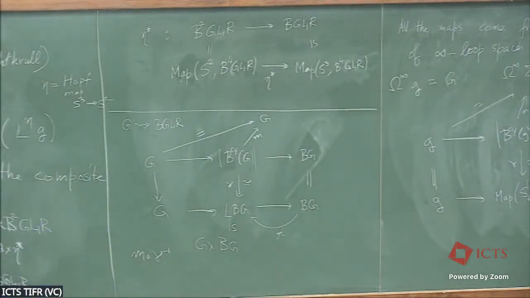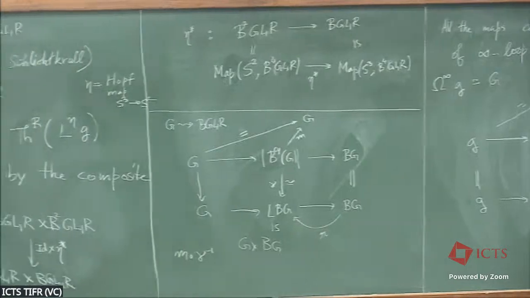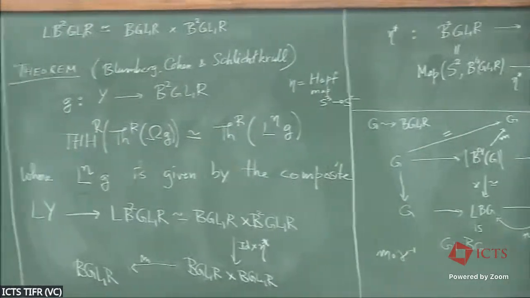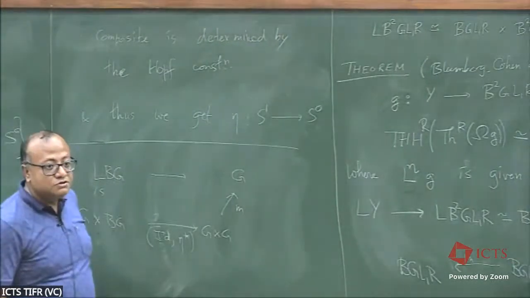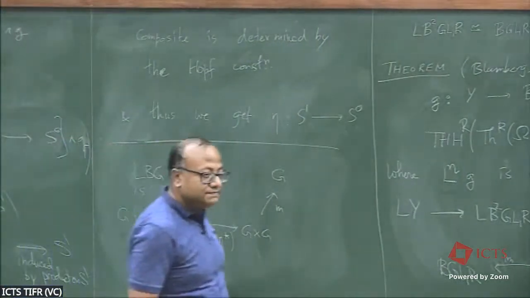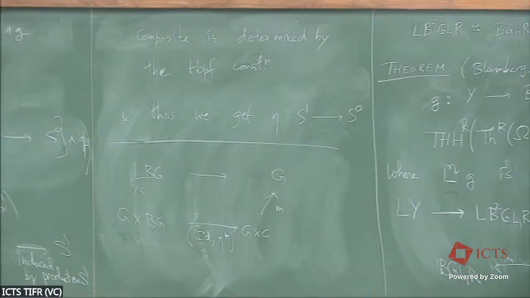That's what we have over here. So the identity will give you identity from G to G, and then eta smash identity gives you eta upper star from BG to G. That's what I'm saying. Okay. All right. So we have this situation.